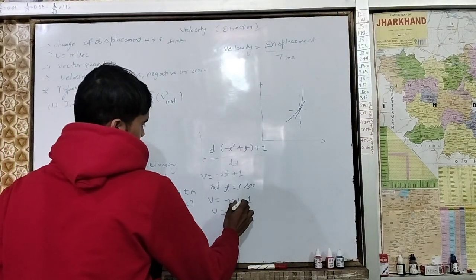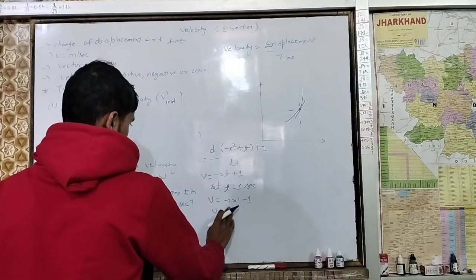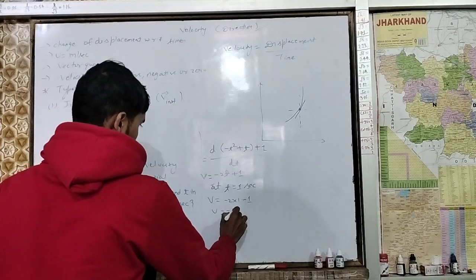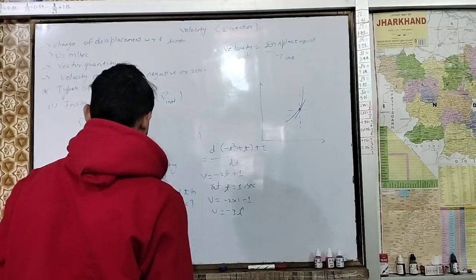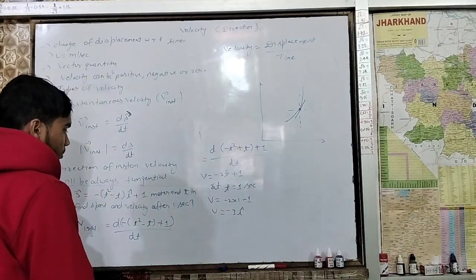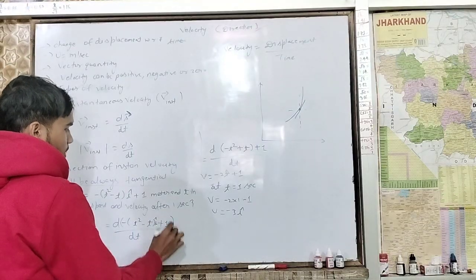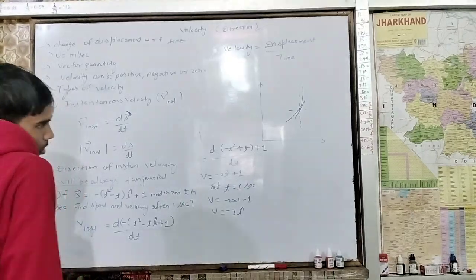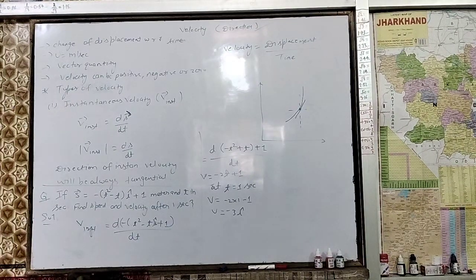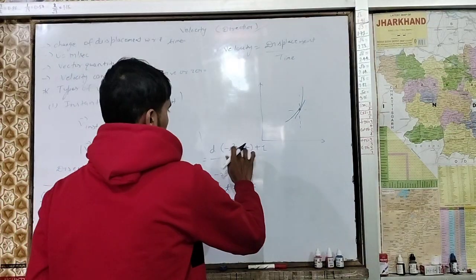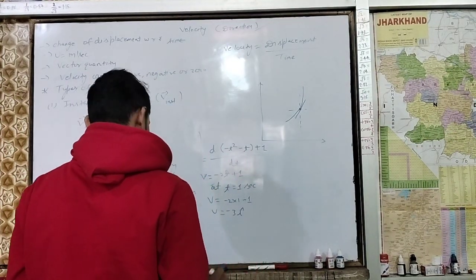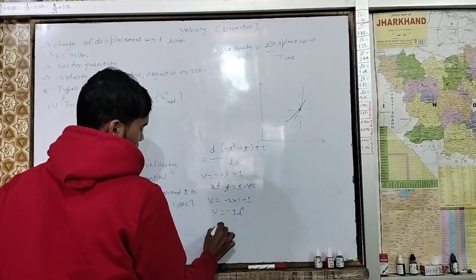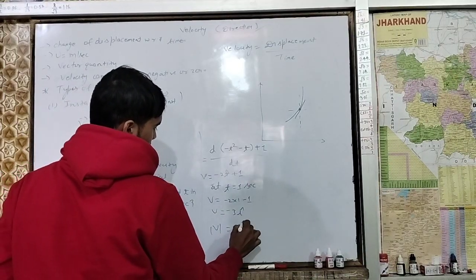Okay, let's say this is minus, then what will happen? It becomes -3 I cap. So the mode of this instantaneous velocity will become just 3 I cap.